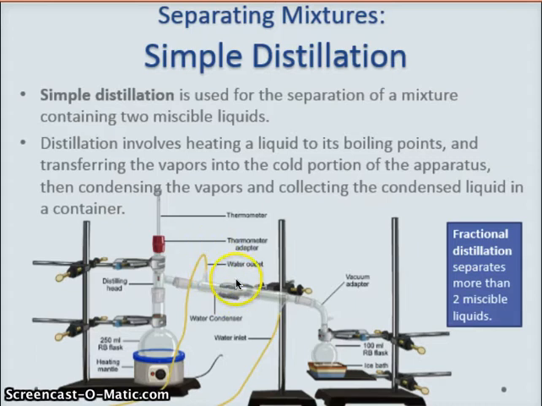It basically has different tubings here, and it will separate different liquids into different regions of this condenser. So that's how fractional distillation works. It separates more than two miscible liquids, while simple distillation just separates two things.